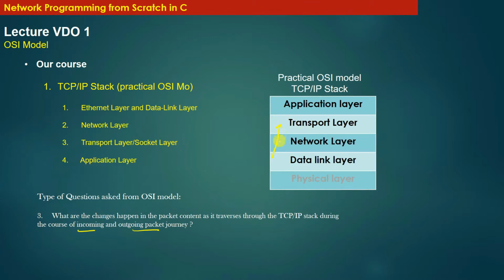And the outgoing journey of the packet is its journey from the top layer, that is the application layer, towards the bottom layer, that is the data link layer. So once you understand the functionality of the TCP/IP stack layer by layer, you will be able to understand what changes the packet is subjected to when it traverses through the TCP/IP stack.